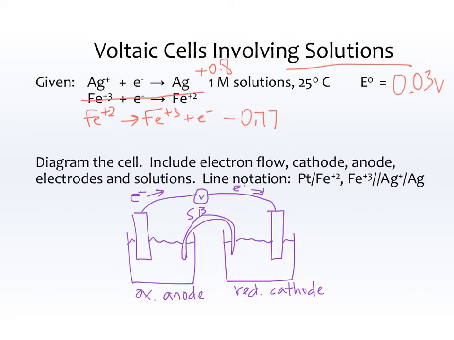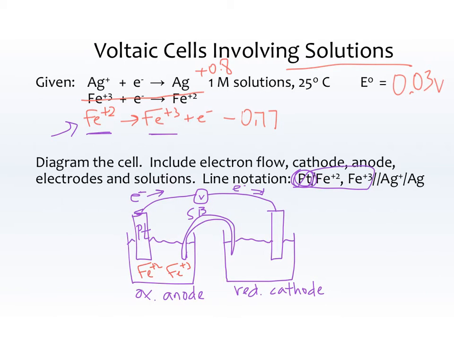Now look up here, iron is the one that we flipped, so iron was the oxidation side, but also we have Fe+2 and Fe+3. When it has a charge like that, that is an aqueous solution, not a metal. So where are we going to put a metal? Like, what is the metal that's going to be connected to my wire over here? So check out your line notation. It has Pt for platinum. So this piece of metal is a piece of platinum. And in your solution, you have Fe+2 and Fe+3.